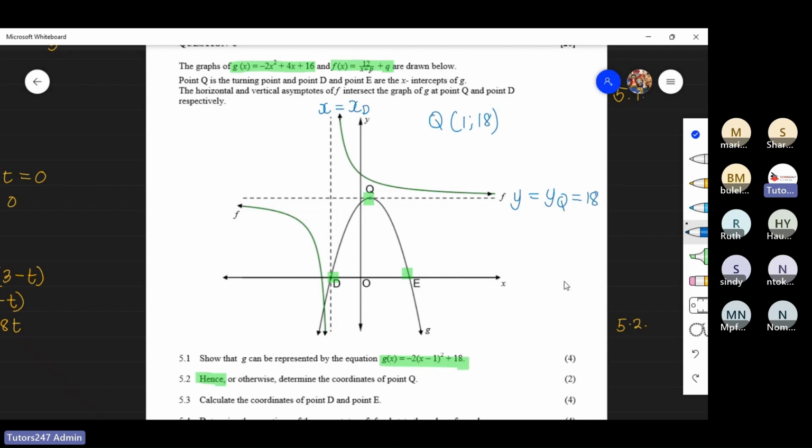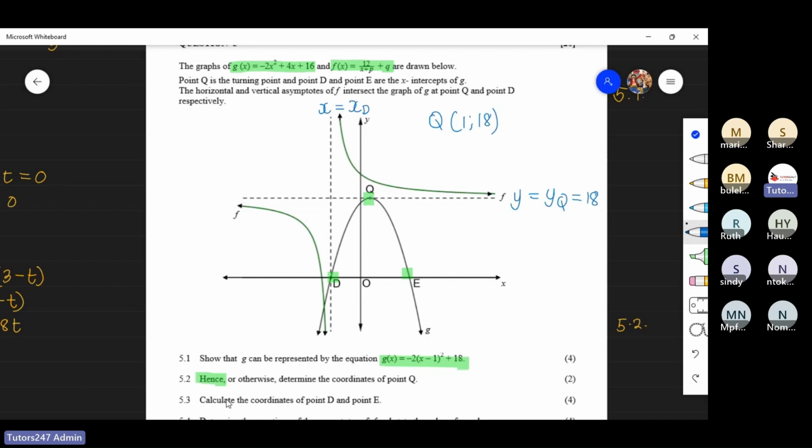That means that the value of q in your hyperbolic function is 18. So we now have a piece of our hyperbolic function. The only part we are missing is p. Once we find the x value of D, we will then have our complete hyperbolic function.